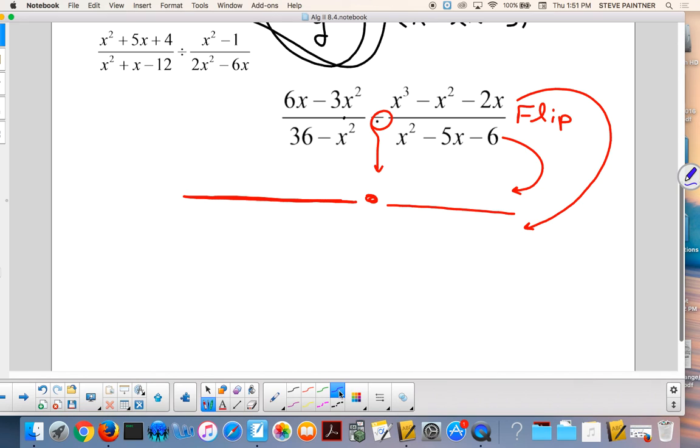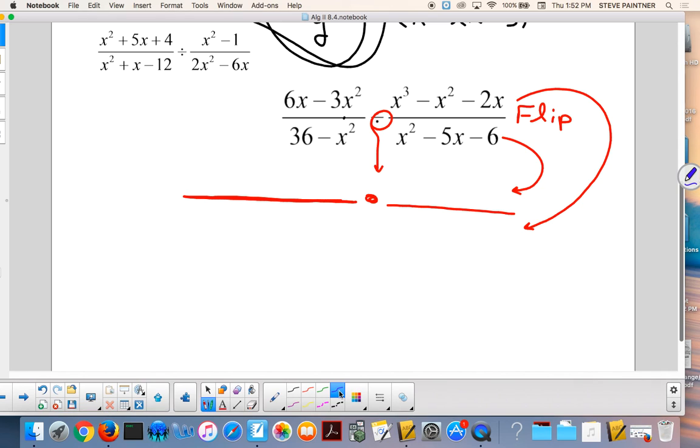That's the difference of two perfect squares. Not sure why you said x squared times x. Oh, I'm sorry. You didn't take the GCF. There's a GCF in there. That's why this was kind of weird.